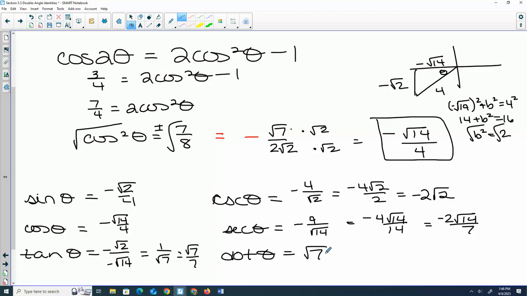Other things that we might have with here, proofs, they haven't gone away, so we're still going to have them. So let's try a proof.